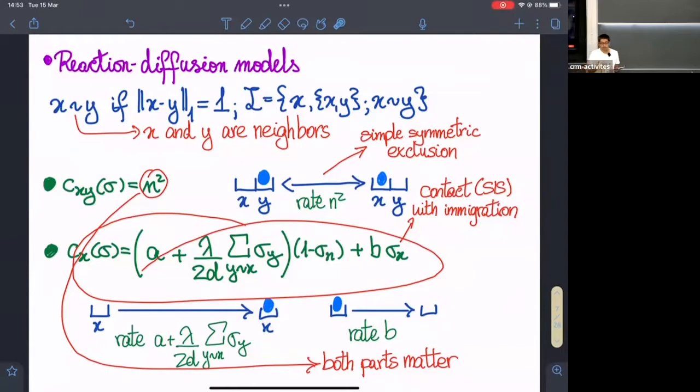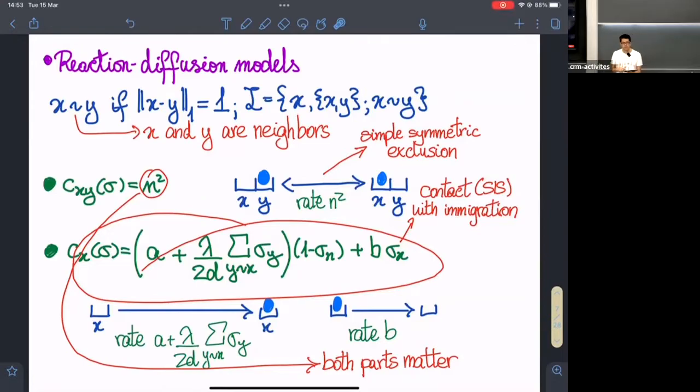That's the role played by this number a in this interpretation of these rates as an epidemiological model. From a mathematical point of view, this type of rate is the simplest one that gives rise to a nonlinear evolution in the limit. It's the simplest possible one; I don't think there is something simpler.